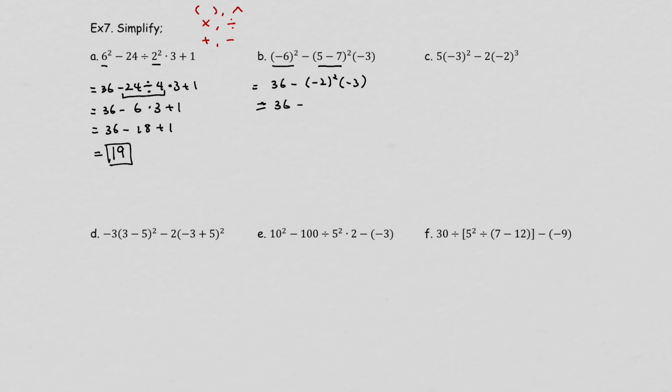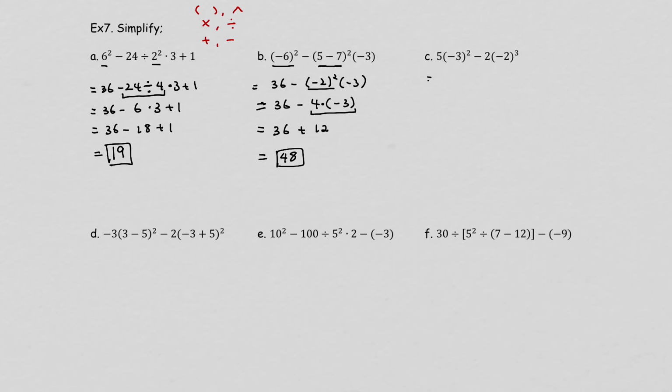Negative 2 times negative 2 is positive 4. And I have subtractions and multiplication left, so I should do multiplication next, right? Then 36, negative 4 times negative 3 will be positive 12, right? Add them, I will get 48.